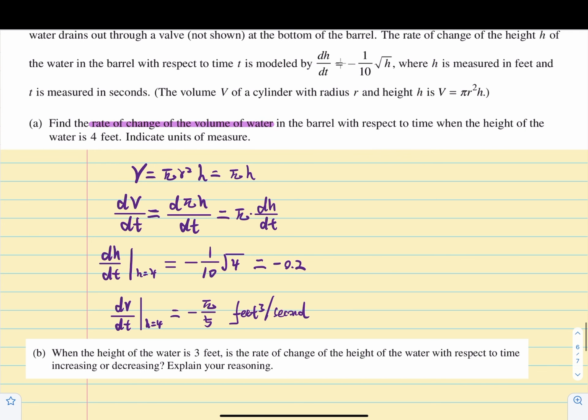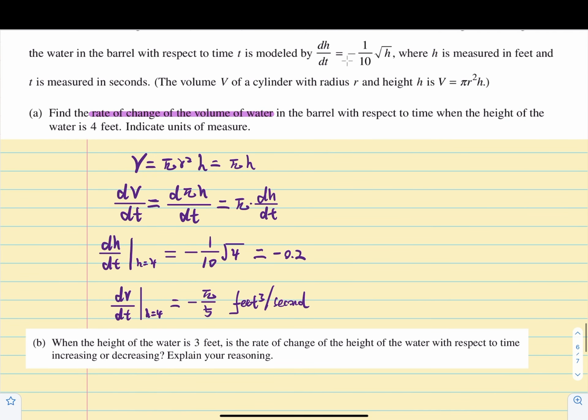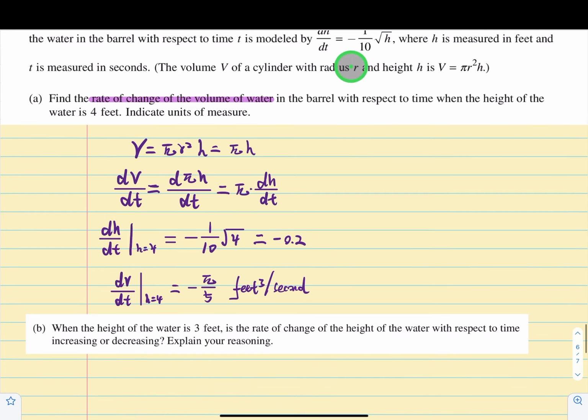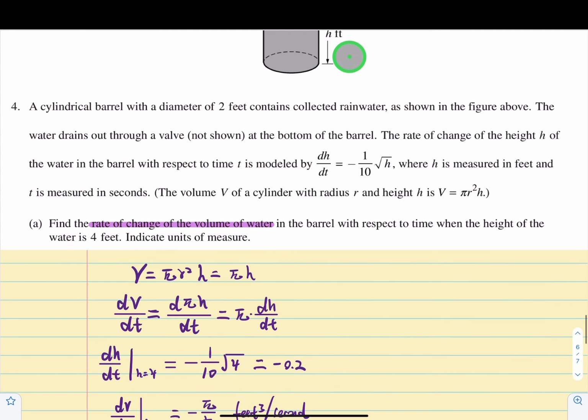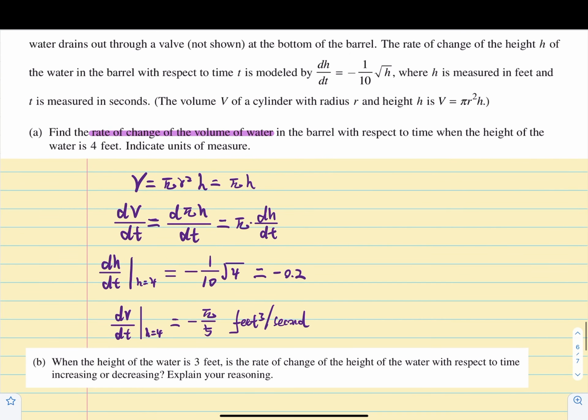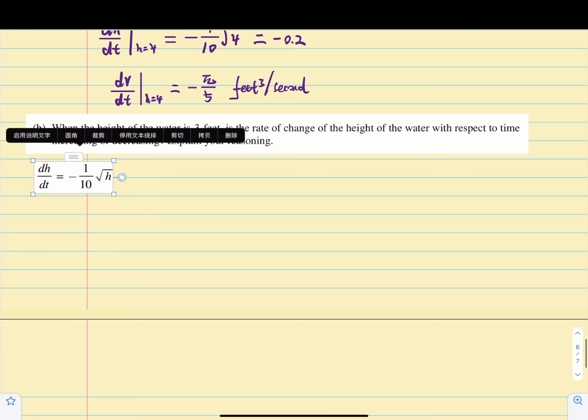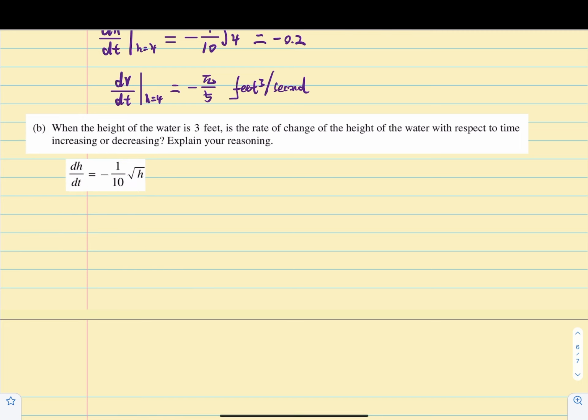So for the velocity, dh/dt, we need to find the second derivative.